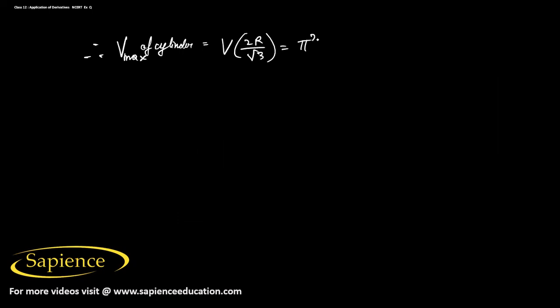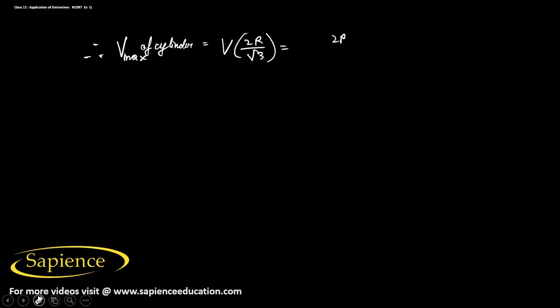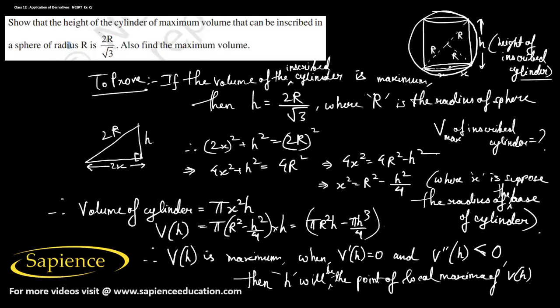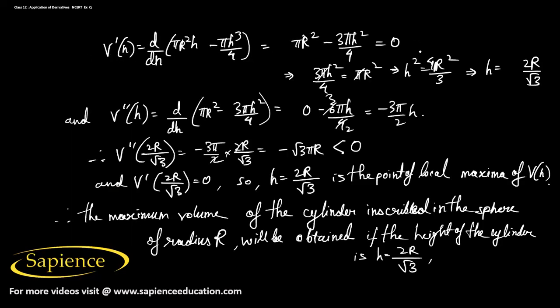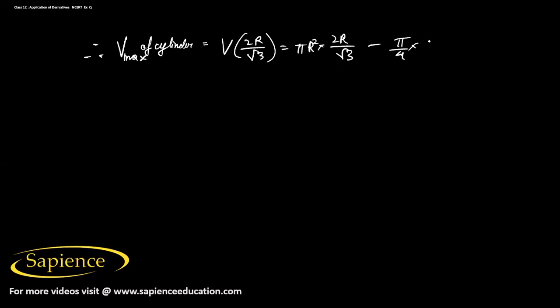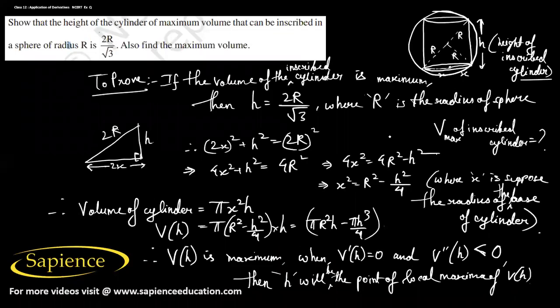So that is pi r square into 2r by root 3 minus pi by 4 into h cube. So that will be 2r by root 3 whole cube.